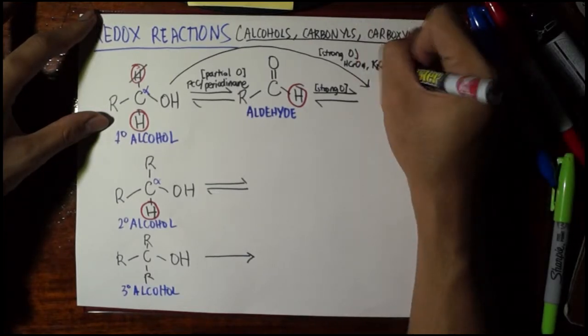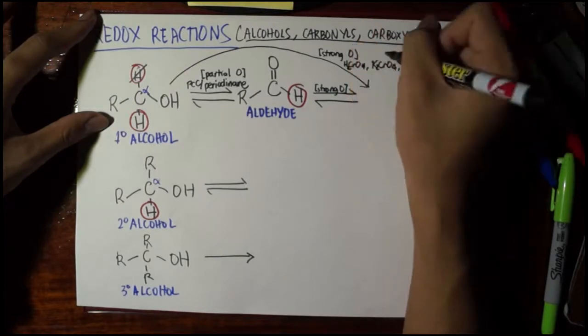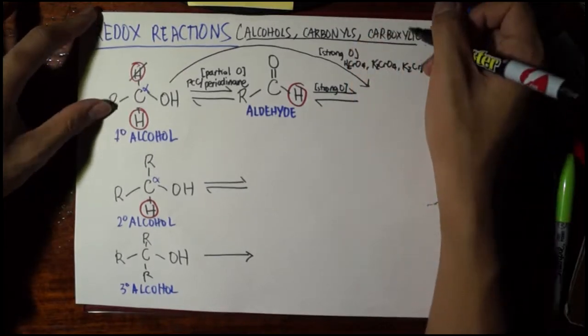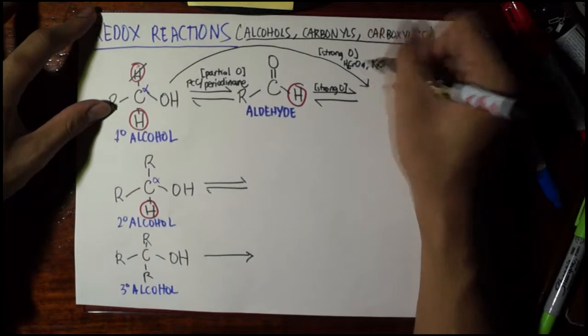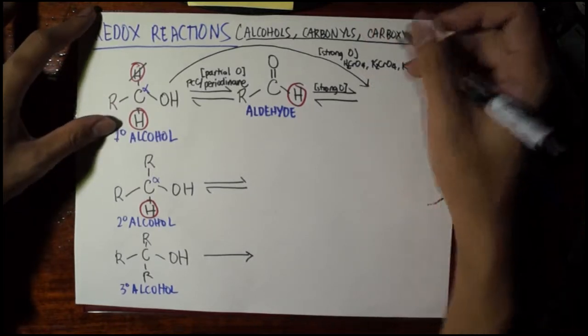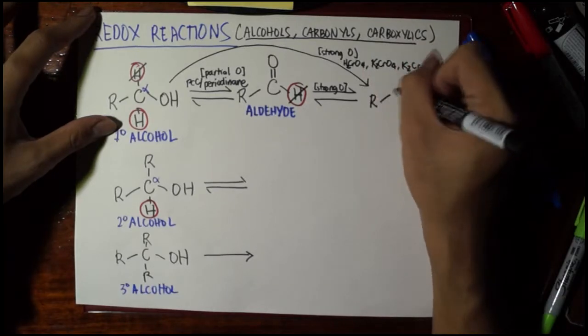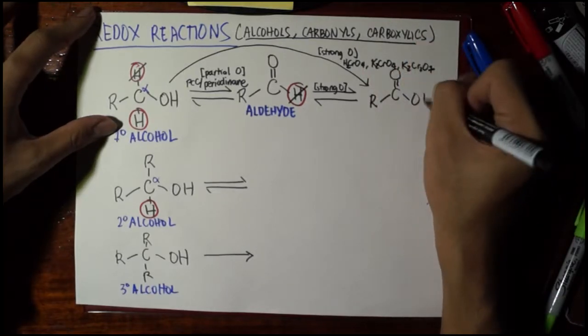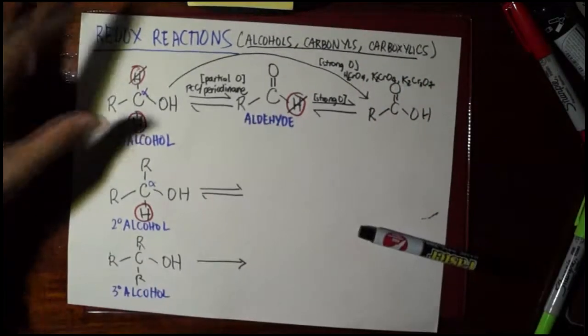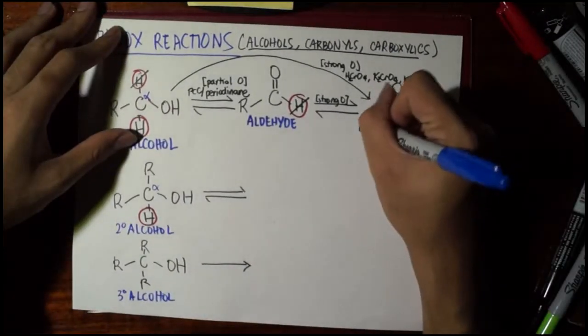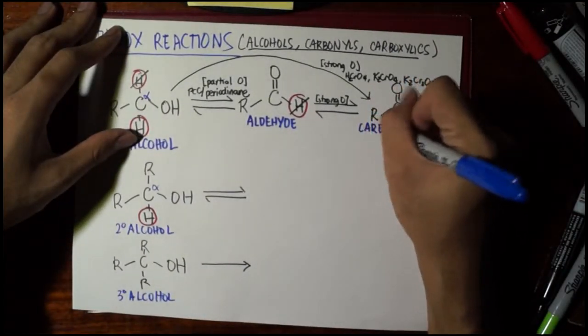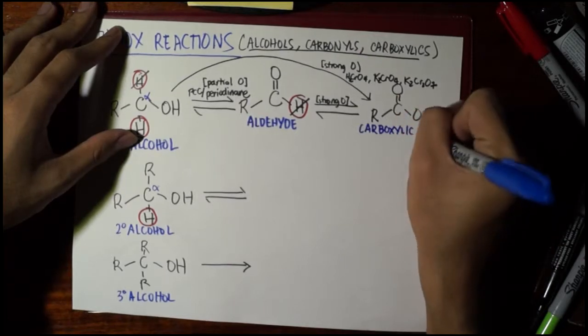I think chromate also has a charge of positive 2. Anyway, I mean negative 2. So you have chromium-containing compounds as strong oxidizing agents, and we're going to spend this remaining hydrogen to produce now a carboxylic acid.